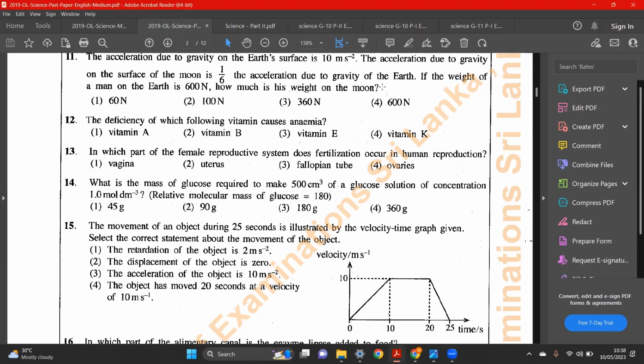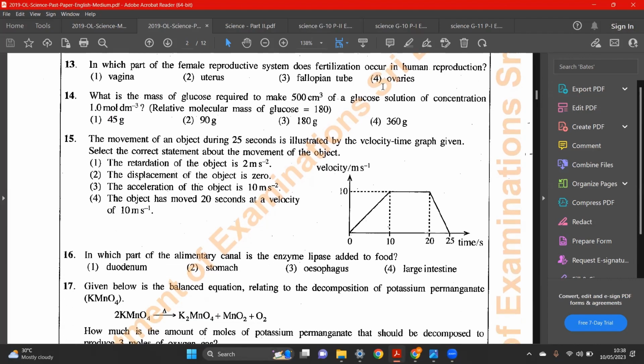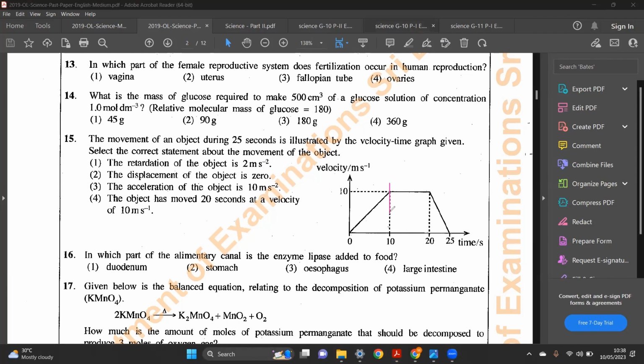Then the movement of an object during 25 seconds is illustrated by the velocity time graph given. Select the correct statement about this particular motion. Okay, so here you can see during the first 10 seconds until this point, there's an acceleration. Then you have a constant velocity motion where the vehicle doesn't change its velocity.